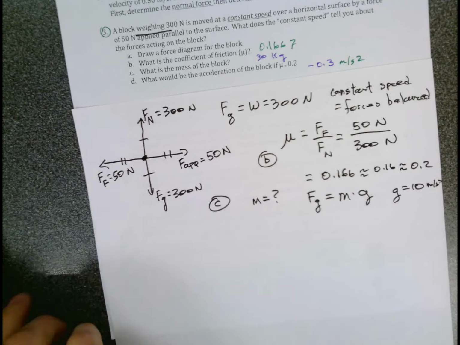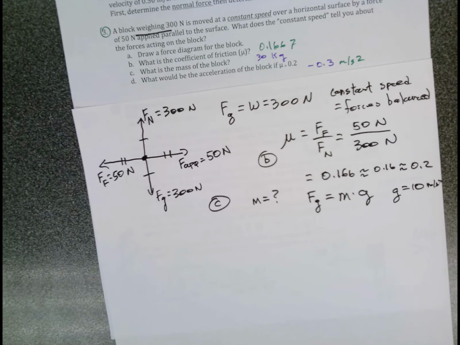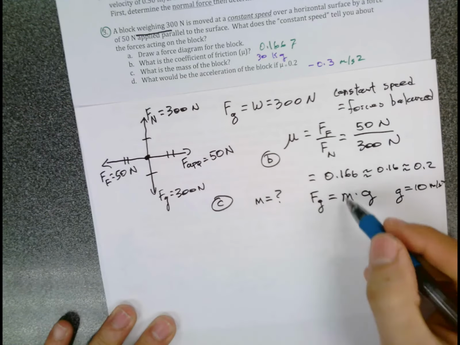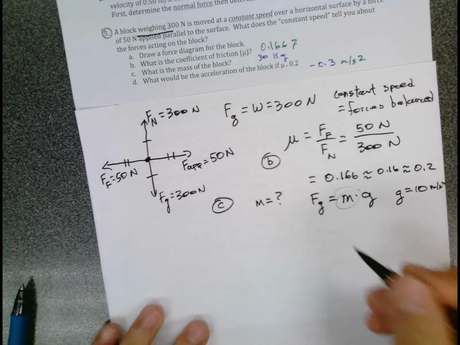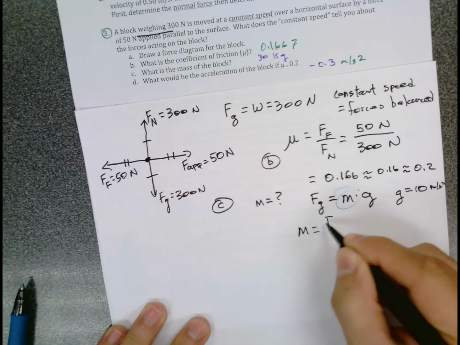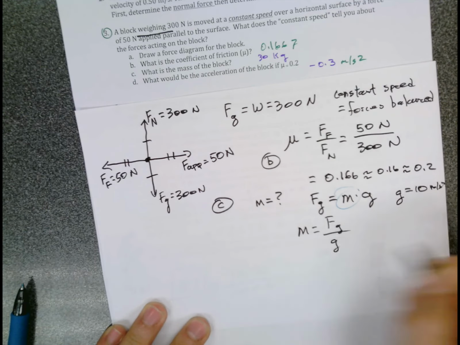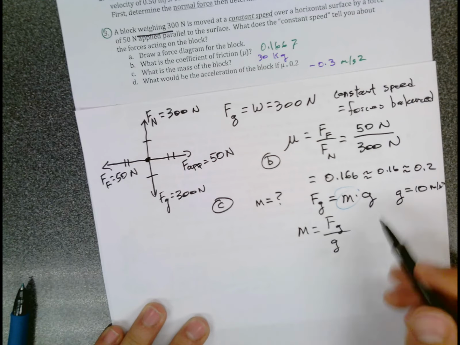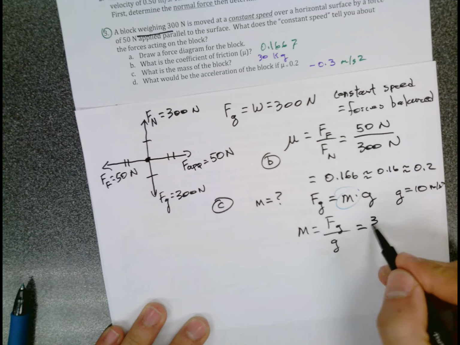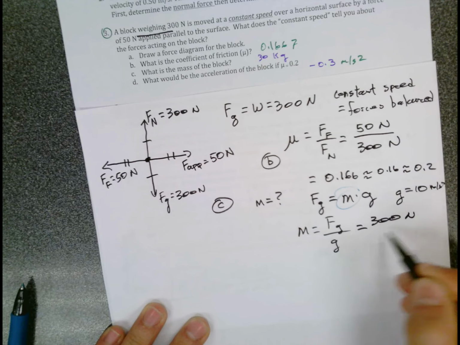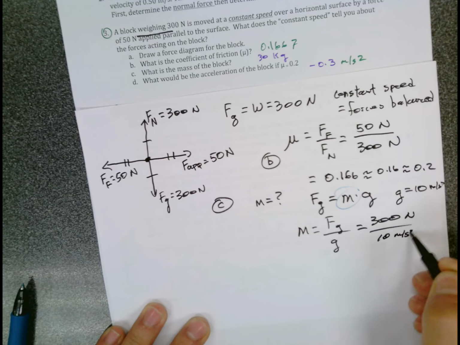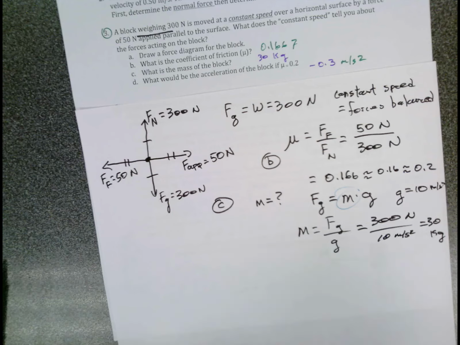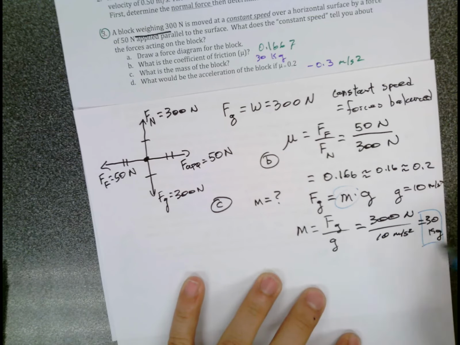So if we're looking for mass, we'll have to isolate m to get m is equal to Fg over g. In that case, we get 300 newtons divided by 10 meters per second squared. You get 30 kg. That's our answer for C, 30 kg.